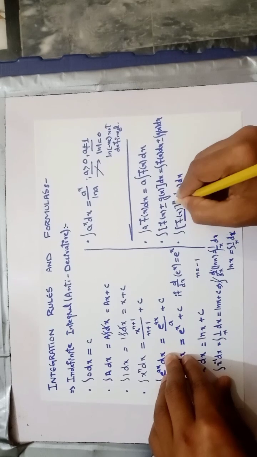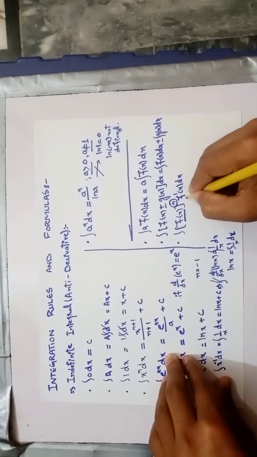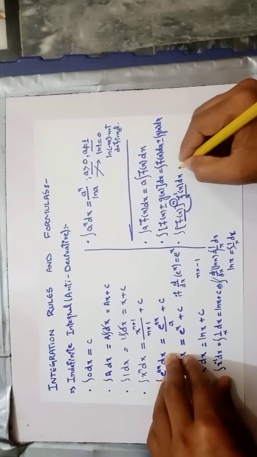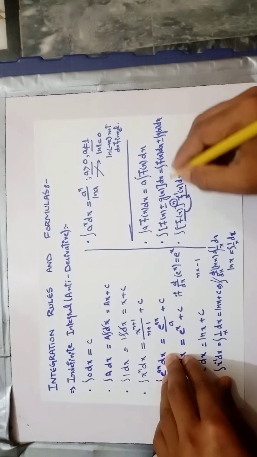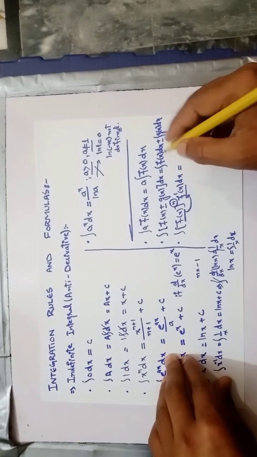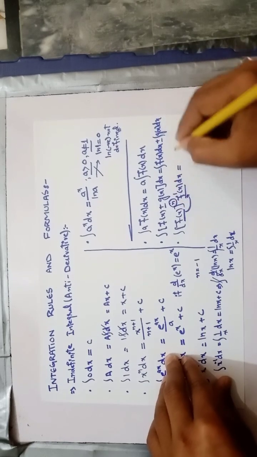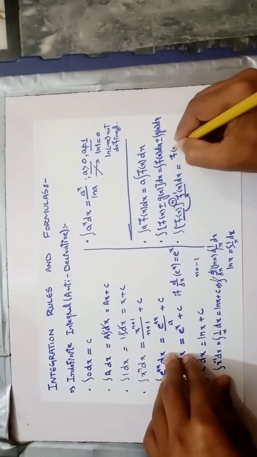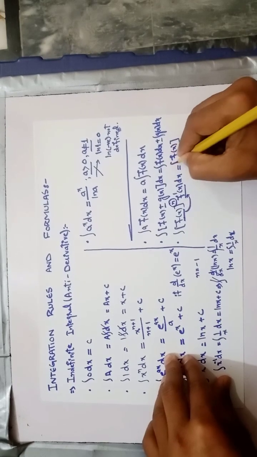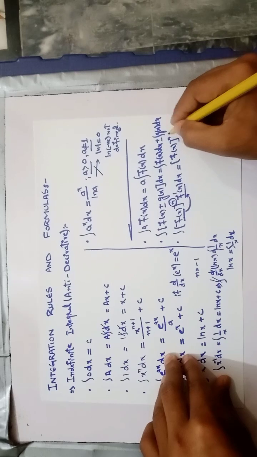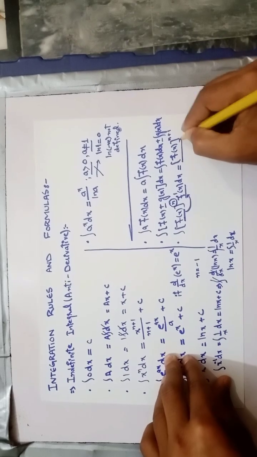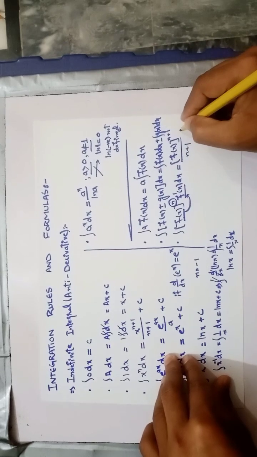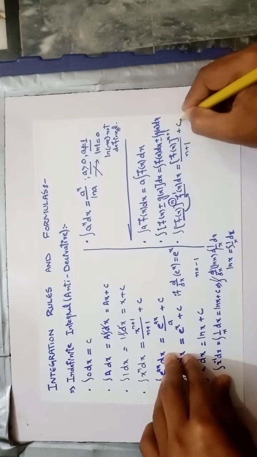If there is a function with some power n and the function also has its derivative, what we can do for this integration is just increase the power by 1. For example, for a function f(x), we increase n into n plus 1, and do the same in the denominator. That is the required answer.